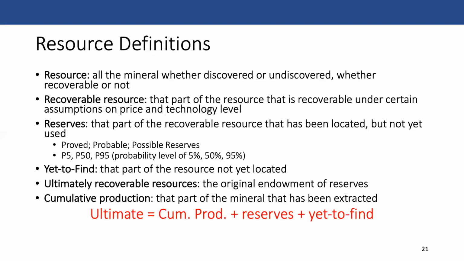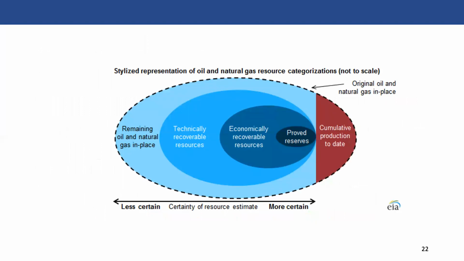Cumulative production refers to everything that has basically already been extracted. So the total ultimate recoverable resources is equal to what you've already extracted and produced, plus the reserves, plus the yet to find. And this diagram can maybe help to demonstrate that.